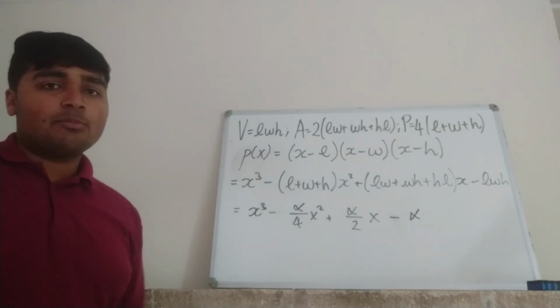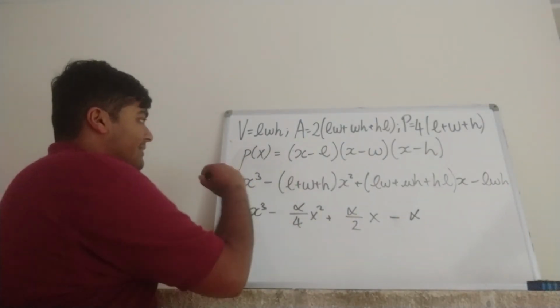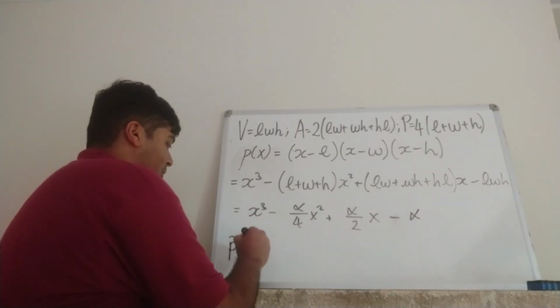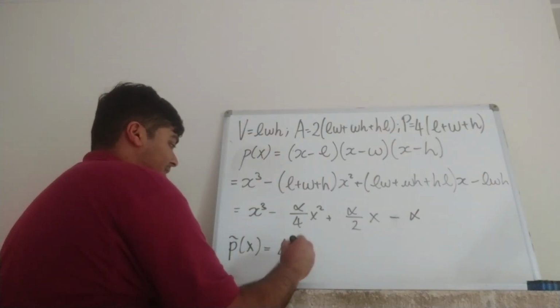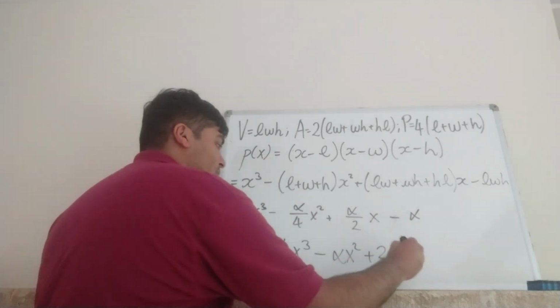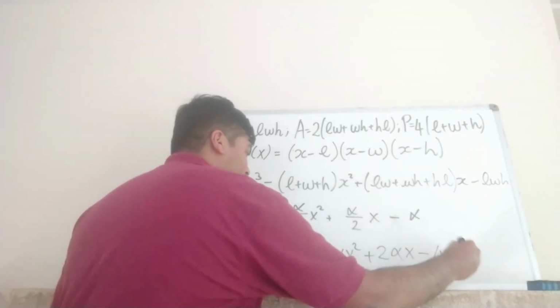If we multiply through by 4, on the left hand side we get 4p of x, which I'm going to denote p tilde of x, just some new polynomial. That's going to equal 4x cubed minus alpha x squared plus 2 alpha x minus 4 alpha.